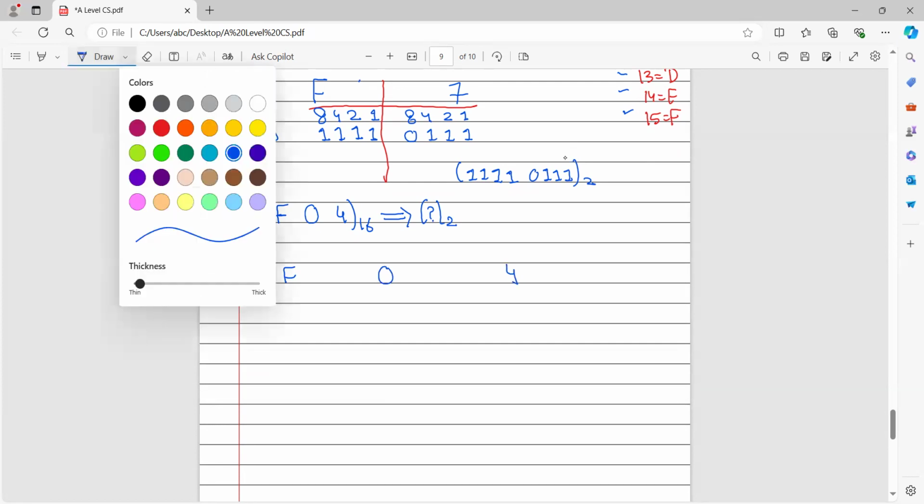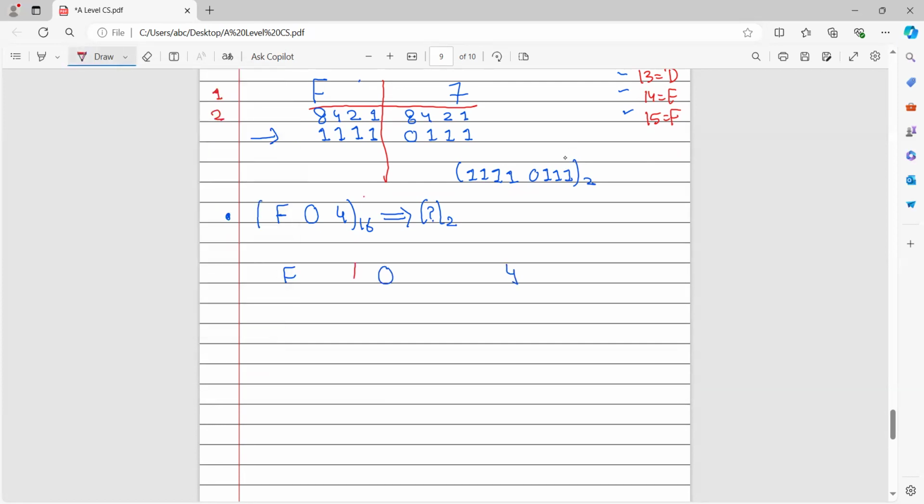Then you are going to enter the values. You are going to give the placeholder values. The placeholder values are 1, 2, 4, 8, for each section.